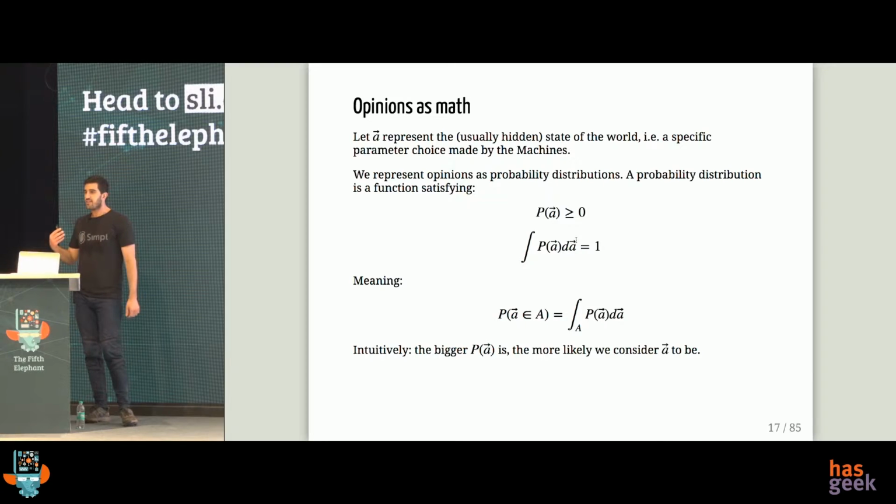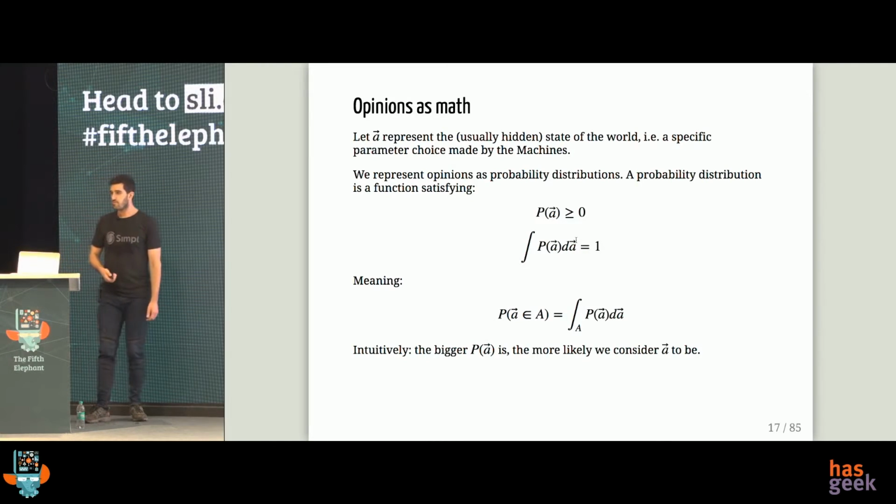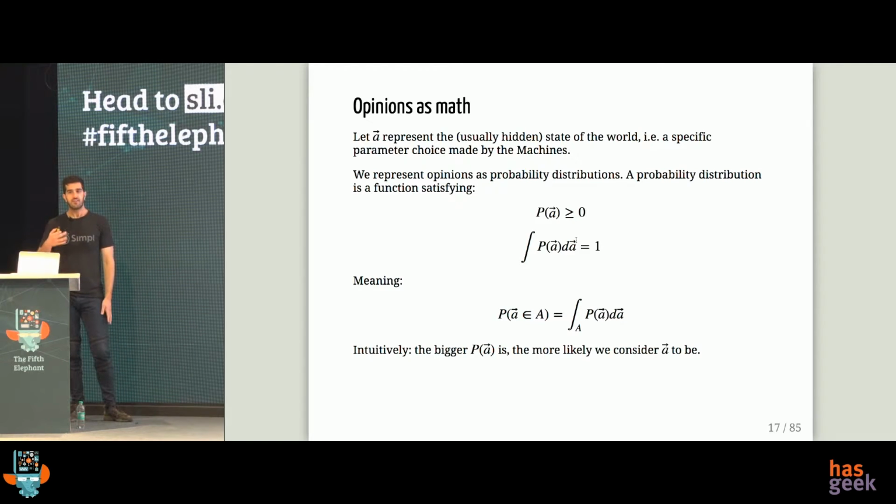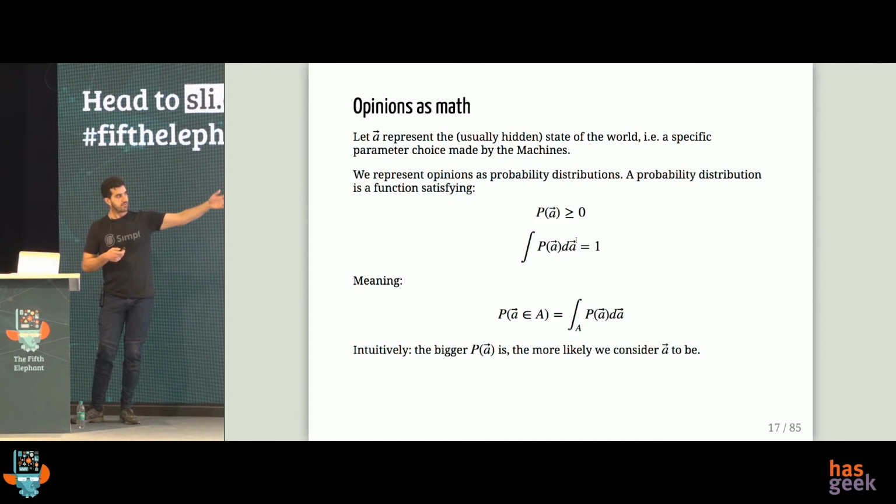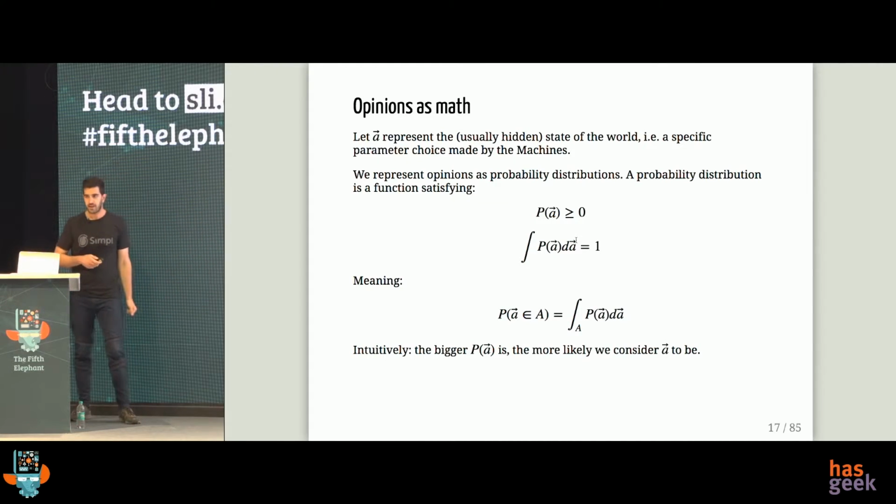So in Bayesian statistics, we try to form opinions about the world. We represent our opinions as math. Specifically, an opinion is a probability distribution. So I've just reminded everyone here what a probability distribution means. It's a function where the input to the function is your true parameters: how much a four-wheel drive is worth if you're in backhoes, how much JNUG is going to move if Google moves if you're looking at stock prices.